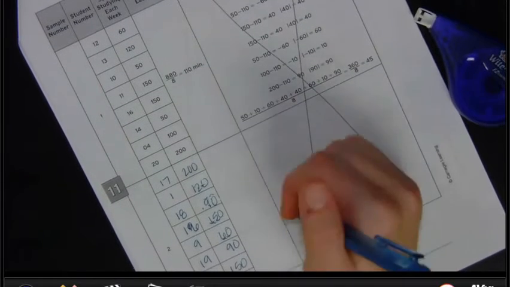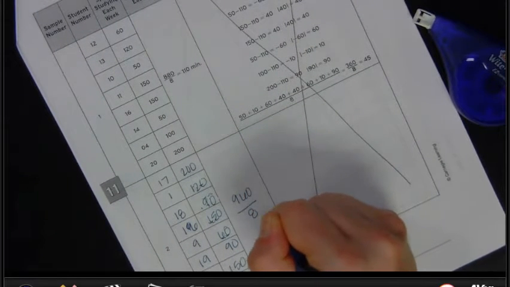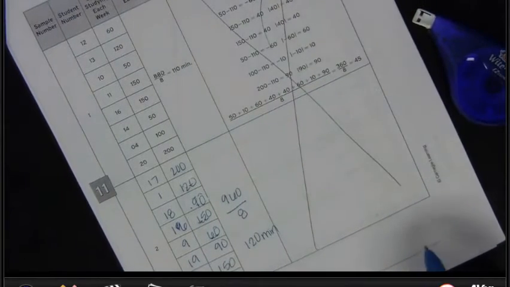Once we added this up, we're going to get 960 over 8, which is roughly 120 minutes. Now, this last column here, just go ahead and X it out because we will not deal with it this year. All right, I have 3 more samples to go.